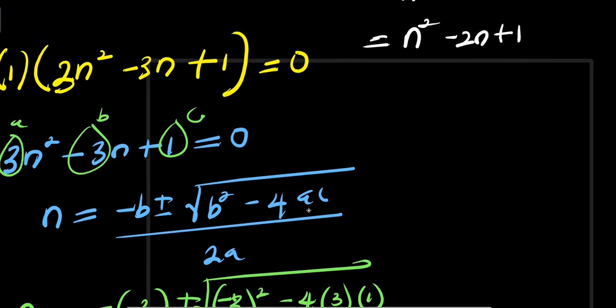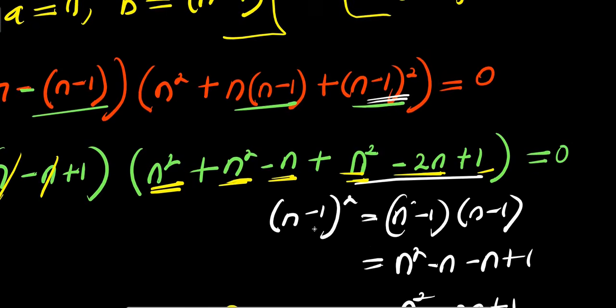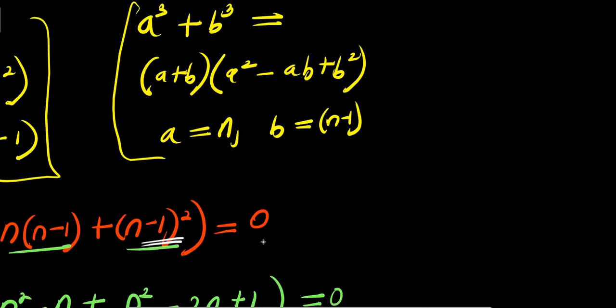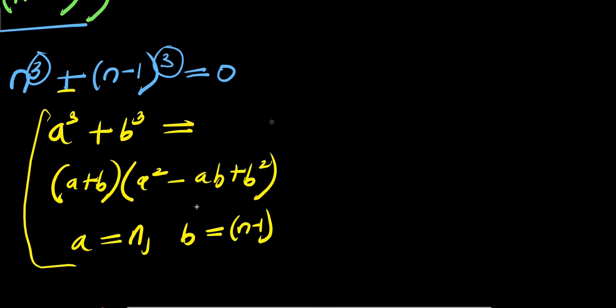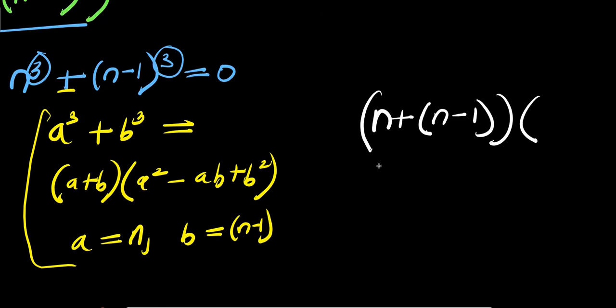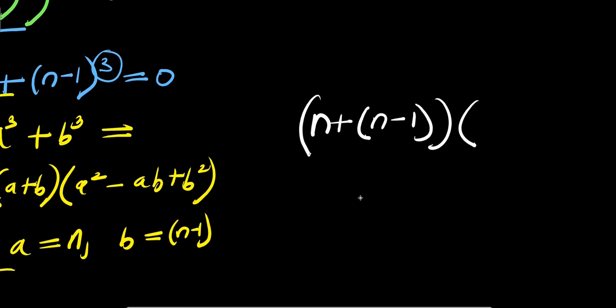Now, the next thing we can do is to consider this other identity. Remember, this one that I wrote down here. So let's fix it right here. We have a plus b, that is n plus n minus 1. Then put it in bracket. Then we have times a squared, that will be n squared.